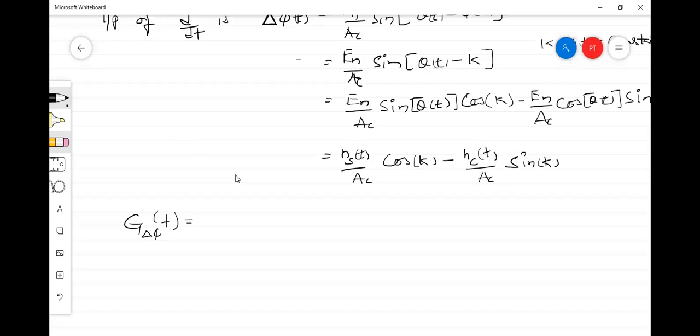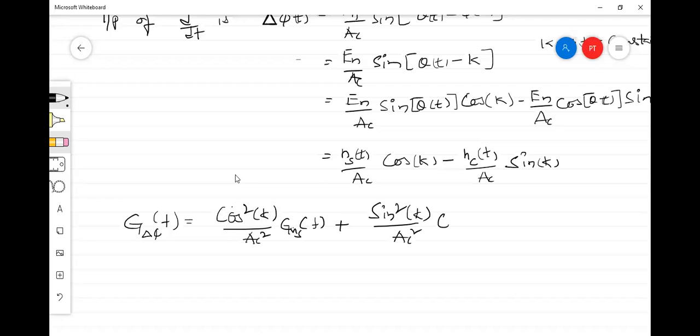If you take squares on both sides and then add, the noise power spectral density becomes cos square of k divided by AC square into GNS of f, plus sine square of k divided by AC square into GNC of f.